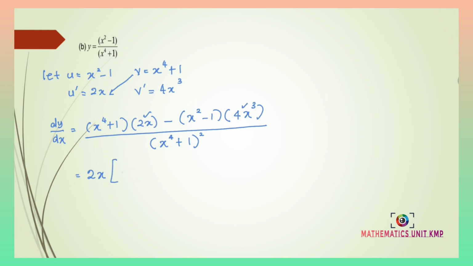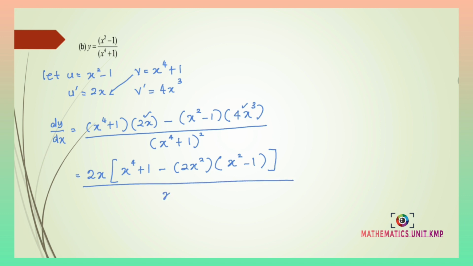Then we multiply all the other terms, that is x power 4 plus 1 minus 2x squared times with x squared minus 1, divide by x power 4 plus 1 squared.